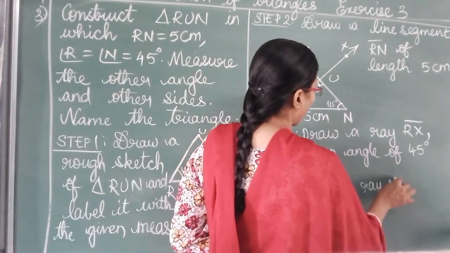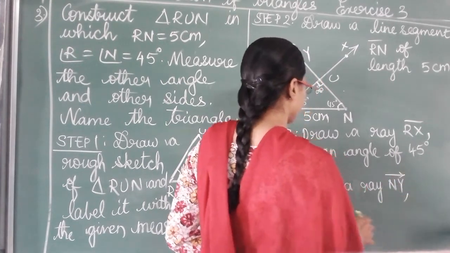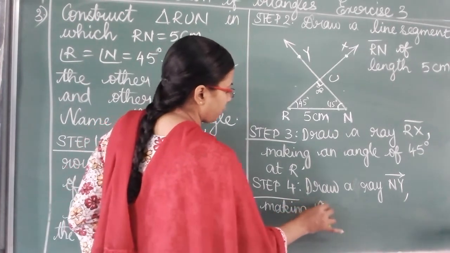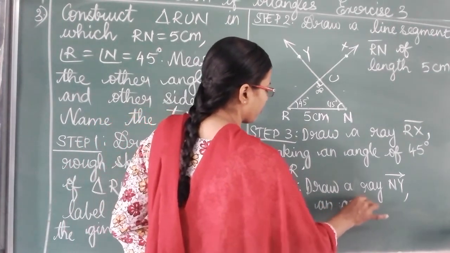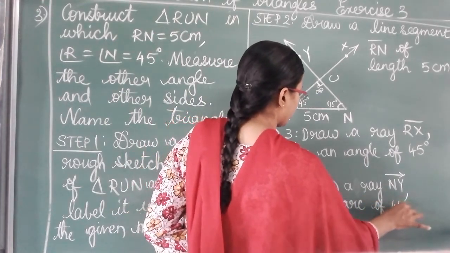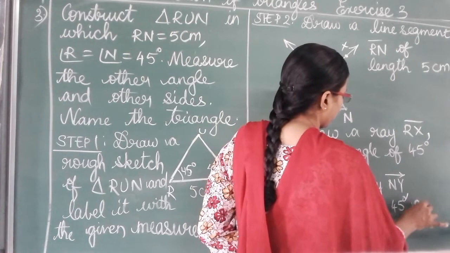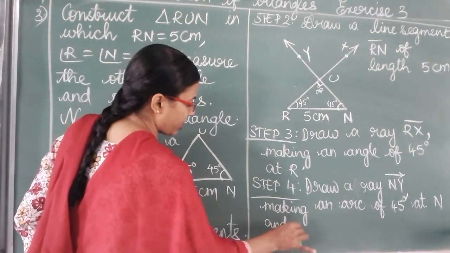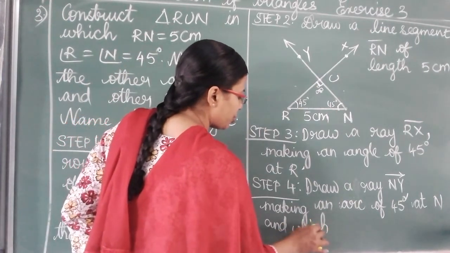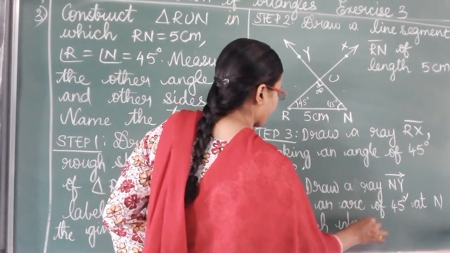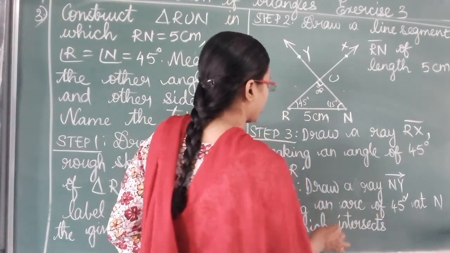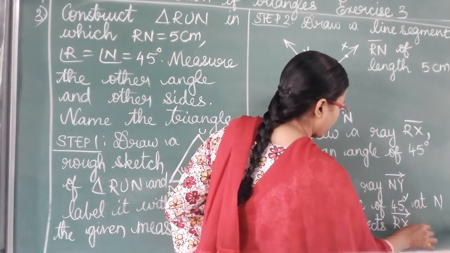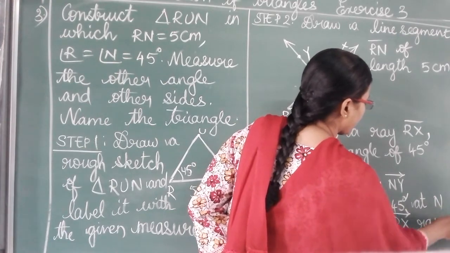Step 4. Draw a ray Ny making an angle of 45 degrees at N, and which intersects Rx ray, which means Rx ray.